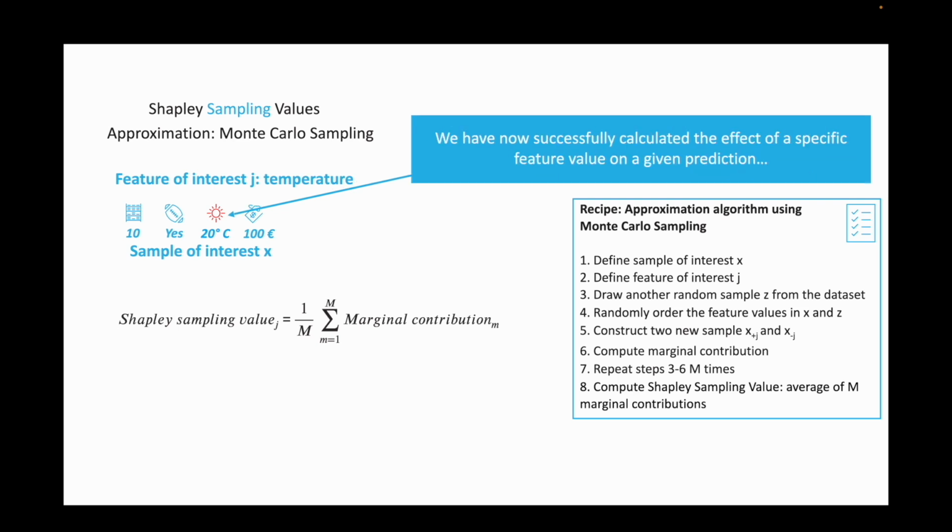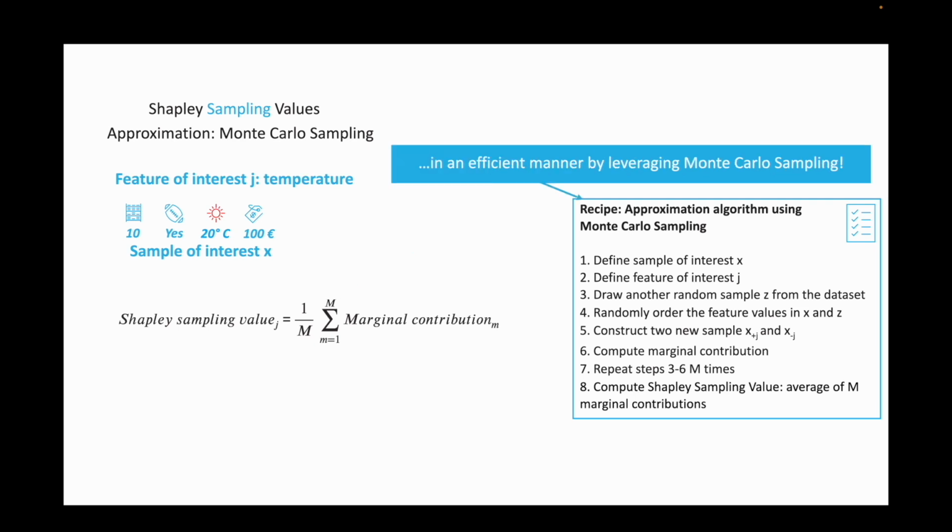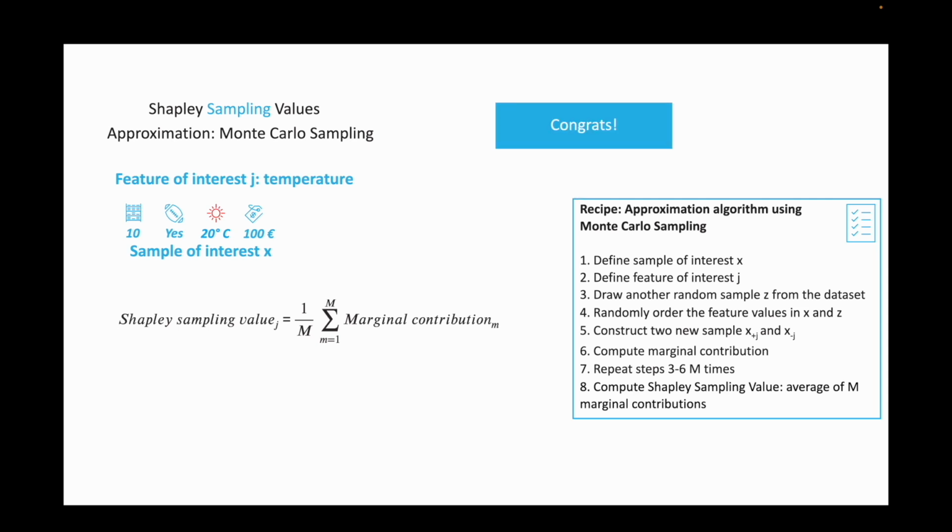We have now successfully calculated the effect of a specific feature value on a given prediction by calculating its Shapley sampling value in an efficient manner by leveraging Monte Carlo sampling. Congrats!